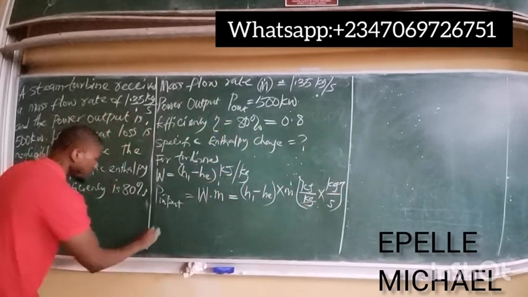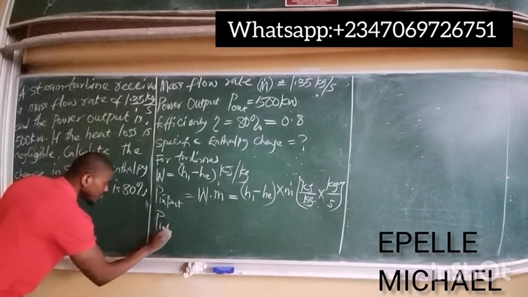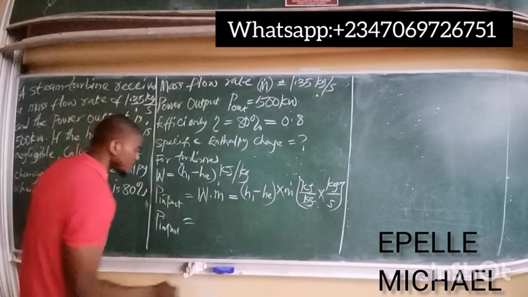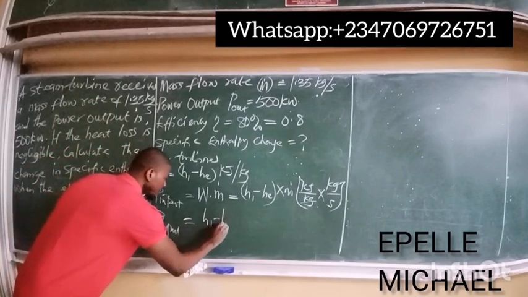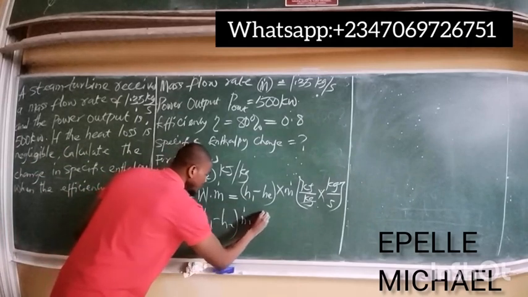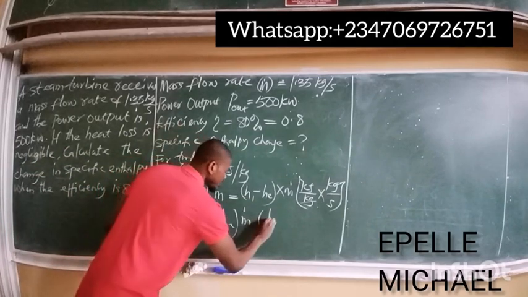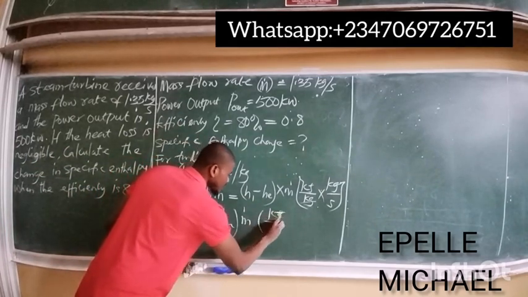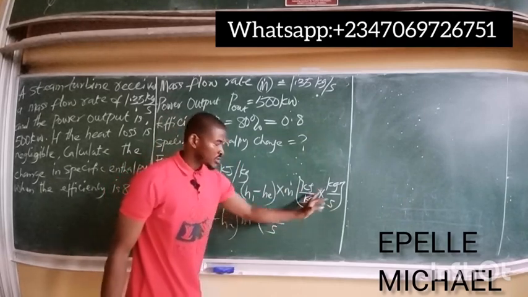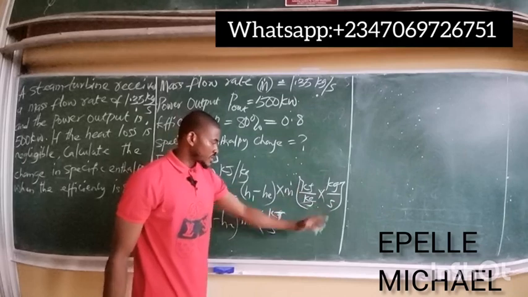So the power input is equal to h1 minus h2 multiplied by the mass flow rate, and the unit becomes kilojoules per second, because kilograms cancel.